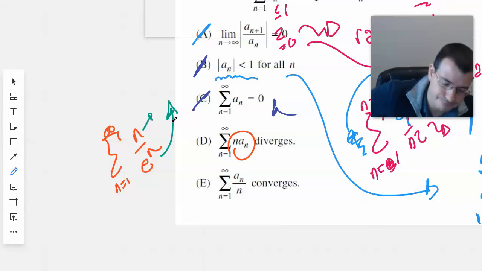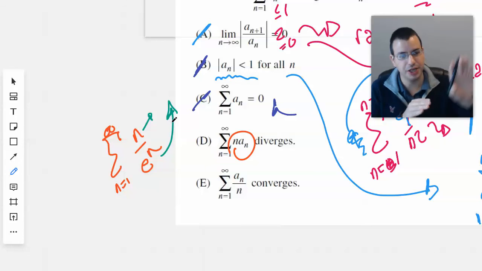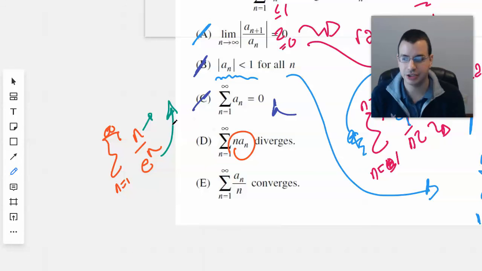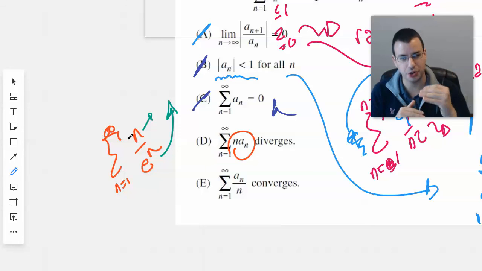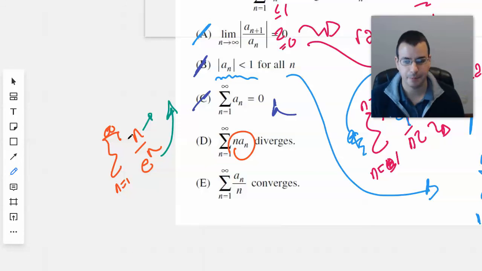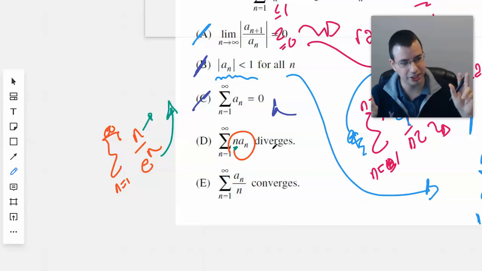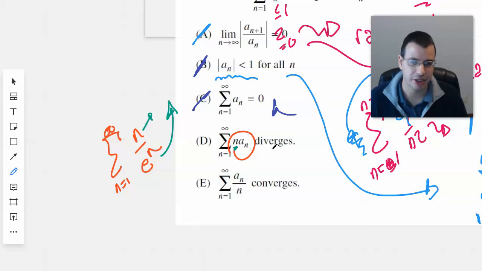And the exponential getting faster, since you have it in the denominator, is going to restrain the summation. And so you can multiply something by n and it can still converge. It just has to do with how the series converges, a to the n. So not necessarily true.